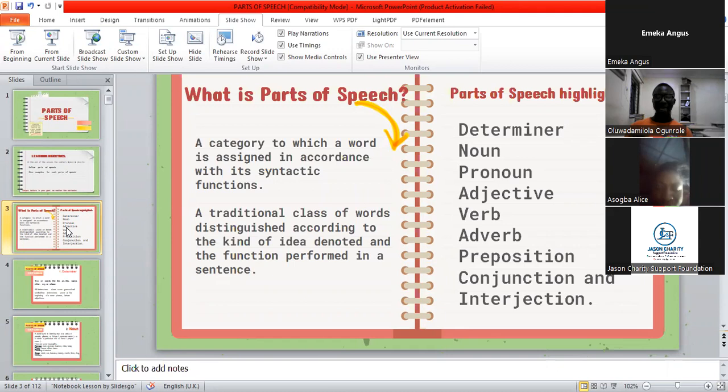That was why I hinted at the beginning of this class that the major thing about the English language is that we want to use it to communicate. And as such, as we are trying to communicate, two things are required of us: our communicative competence and our communicative performance. Communicative competence talks about how well you are grounded in the language.